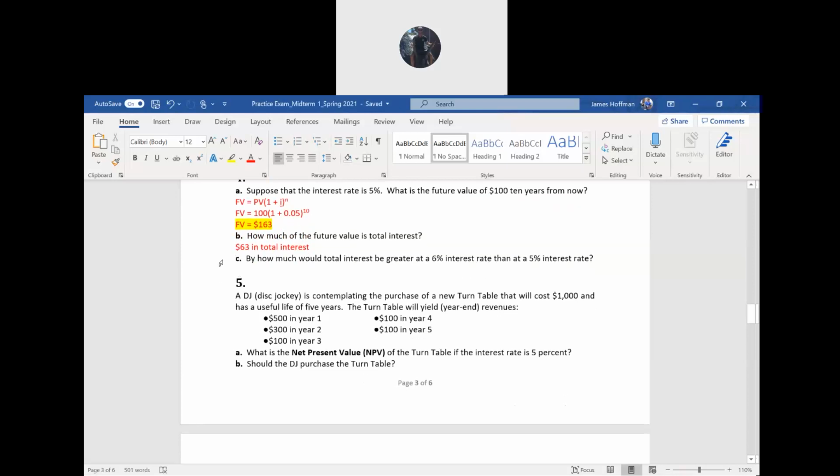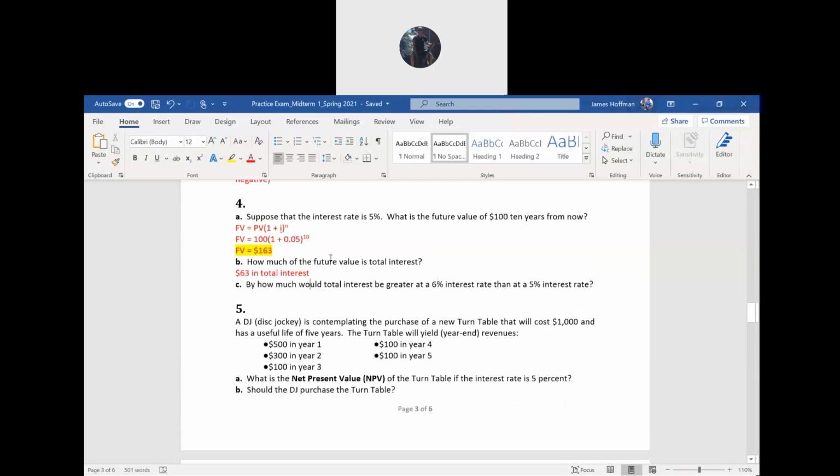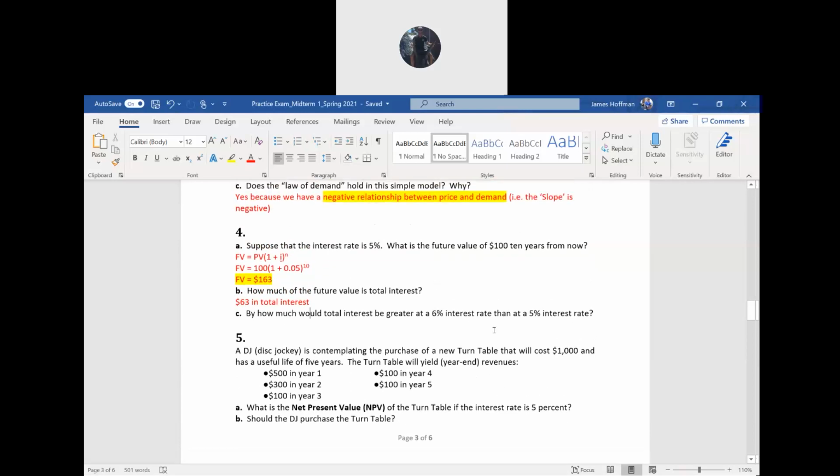And then part C, by how much would total interest be greater at 6% than at 5%? First I have to calculate the new value at 6% and then compare the difference in interest.